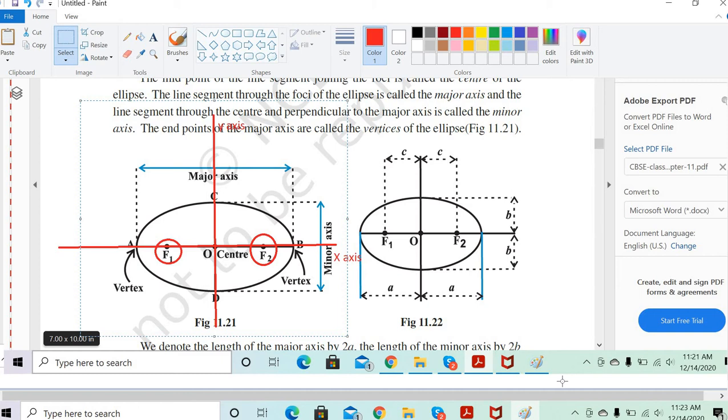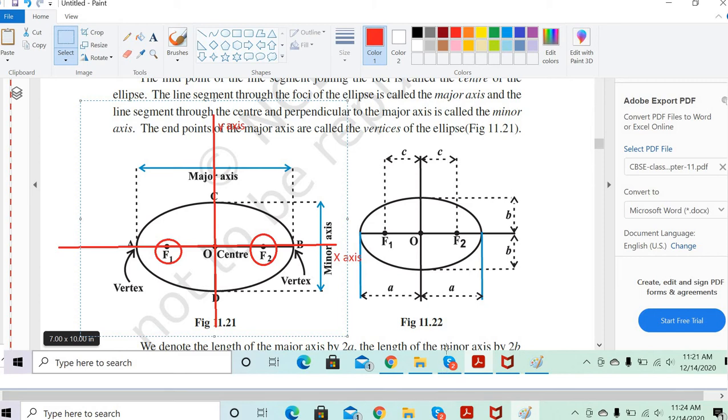Whichever is the bigger one is called the major axis. Here AB is bigger, isn't it? So that's called the major axis. The distance AB is larger than the distance CD. So AB becomes the major axis and CD becomes the minor axis.